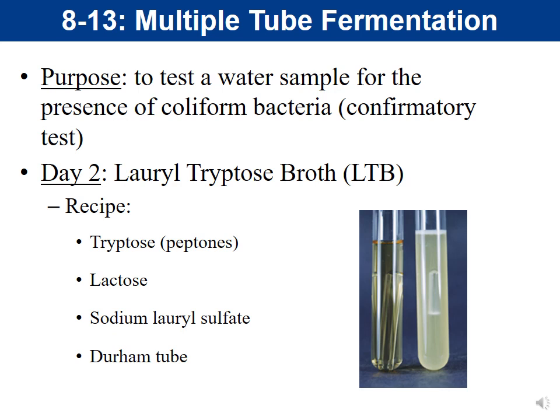Remember that that is our selective ingredient. It's going to select for gram-negative growth, but inhibit gram-positive, right? And so that ingredient is selective because we're looking for coliforms, which are gram-negative. And then lastly, we have our Durham tube. And our Durham tube, remember, is to detect the presence of gas.